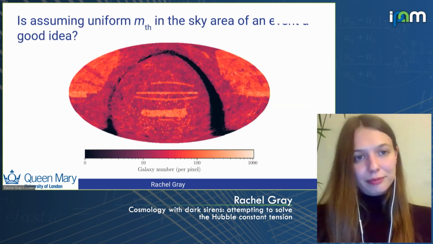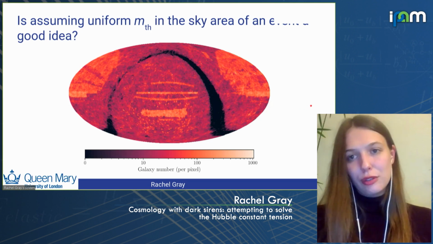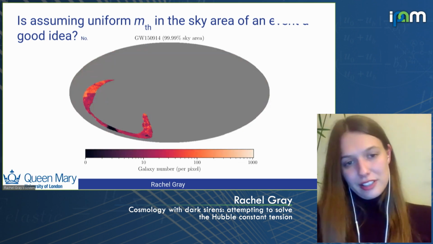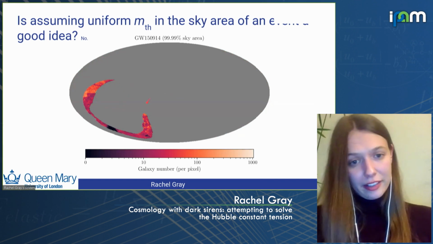to the methodology. First question, is it a good idea to assume that the apparent magnitude threshold is uniform in the sky area of an event? As an example, no, it is not. This is GW150914, and its 99.99% sky area.